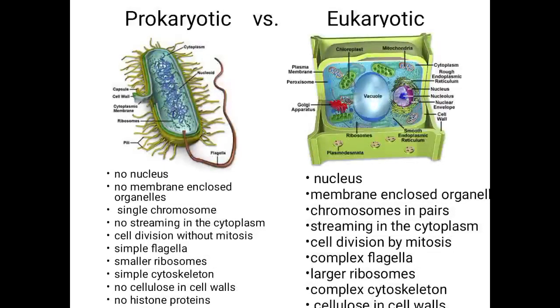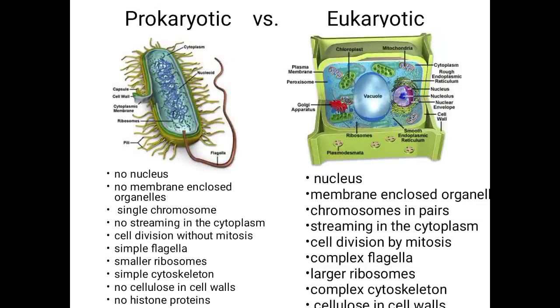So the first feature is that in the prokaryotic cell there is no nucleus. In the eukaryotic cell there will be a distinct nucleus with other organelles also. The next point is no membrane enclosed organelles. The prokaryotic cells do not contain any membrane bounded organelles.